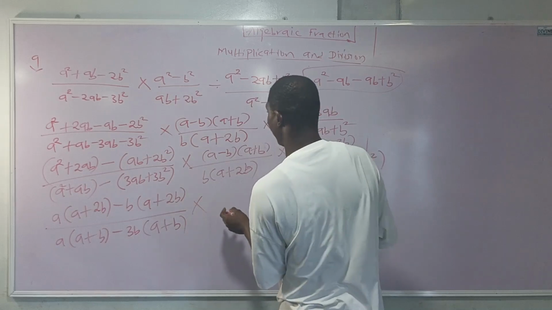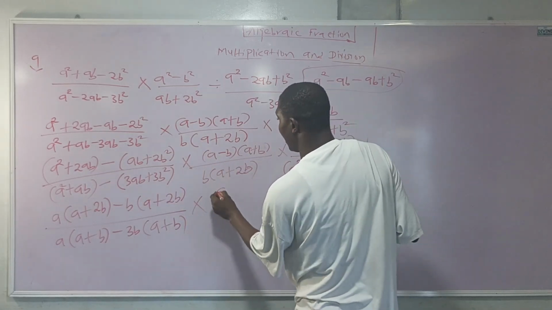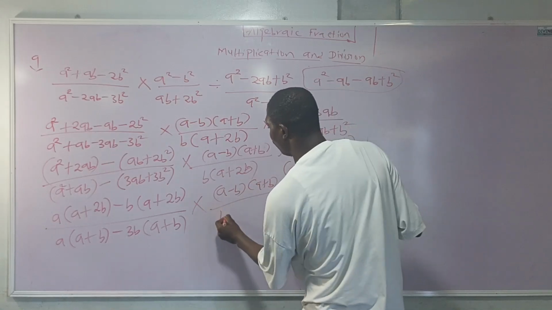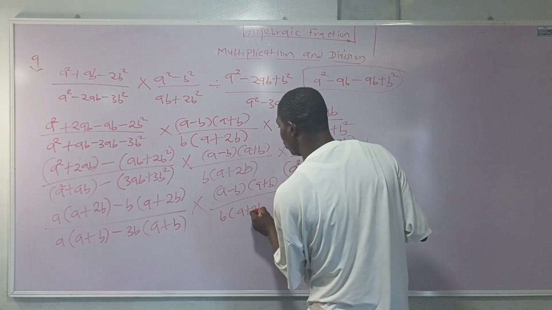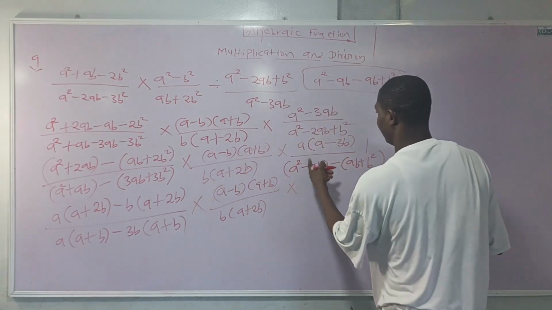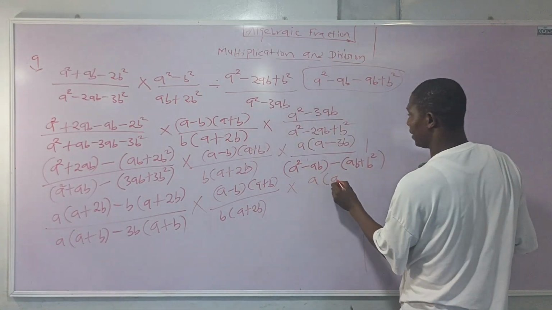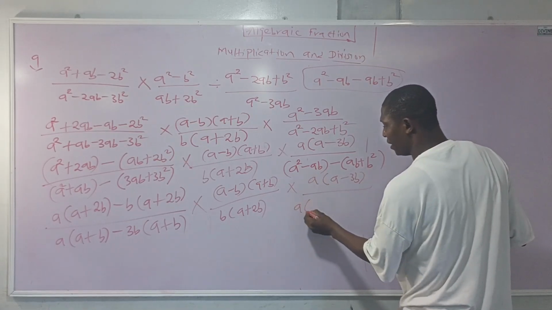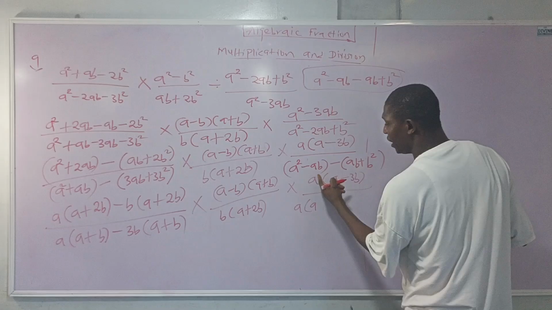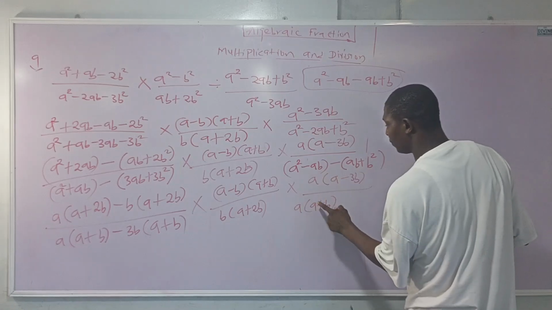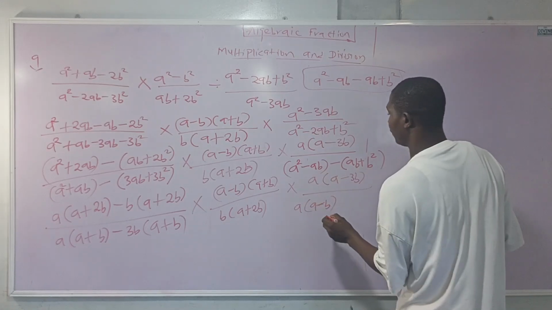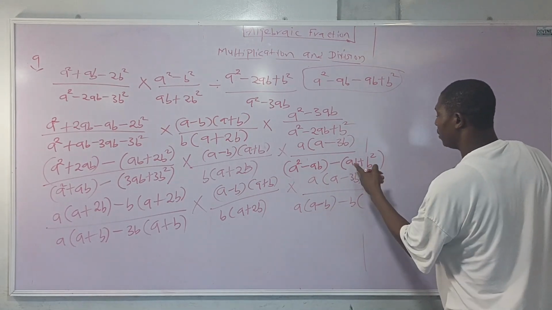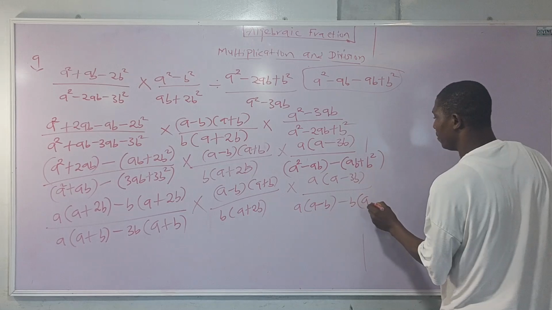Come to the other side of the fraction. I already have my a minus b and a plus b, all over b bracket, a plus 2b. Times, I already have my a bracket, a minus 3b. All over here, a is common. I have my a squared divided by a, ab divided by a, b. Negative sign. Now, what's common here? b. ab divided by b will give me a.